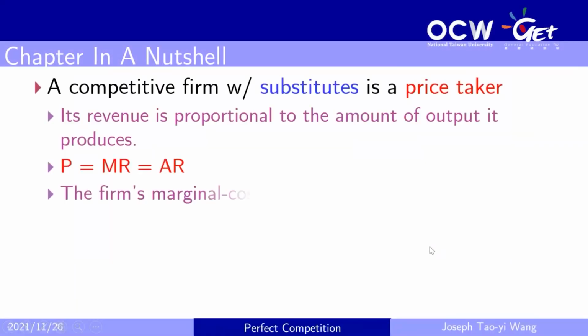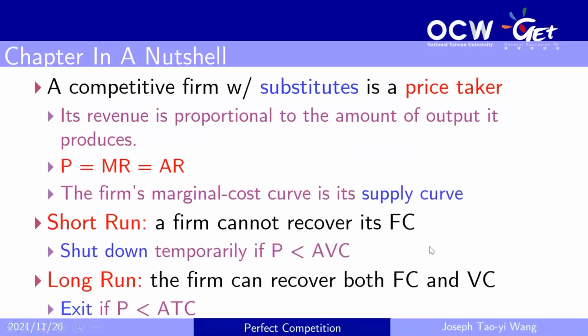Okay, to summarize, the key thing for a competitive firm is you have a lot of substitutes, so you are a price taker. So the price P equals MR equals AR. And so as a result, when we find the profit maximizing quantity, we find out that the marginal cost curve is the firm's supply curve. In the short run, if the price is lower than AVC, then you should shut down because fixed cost is sunk.